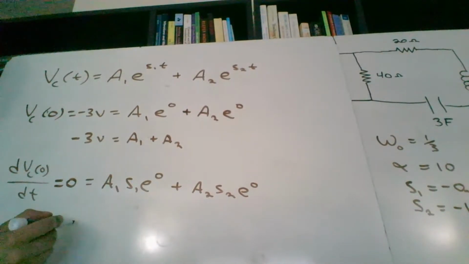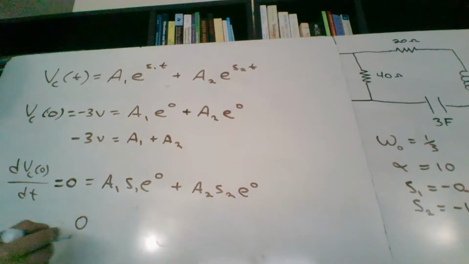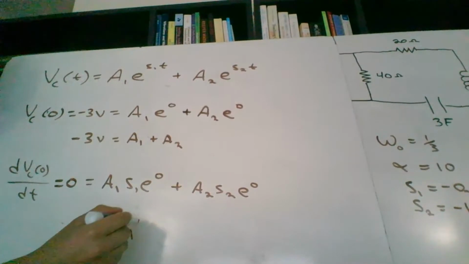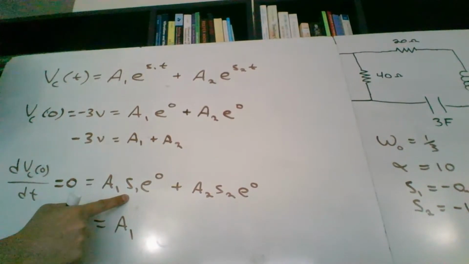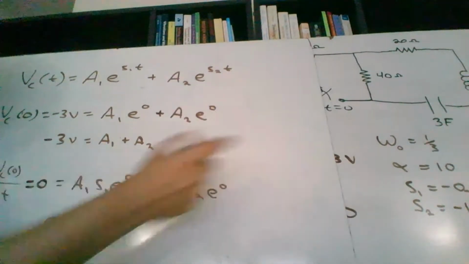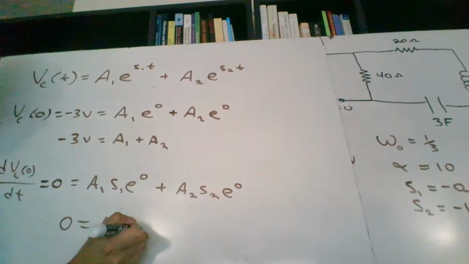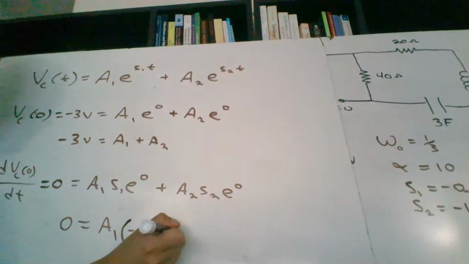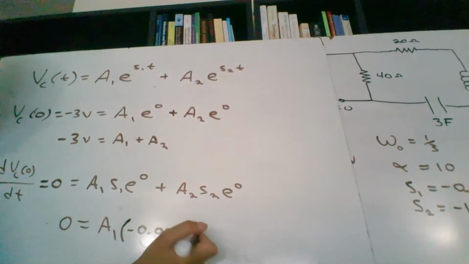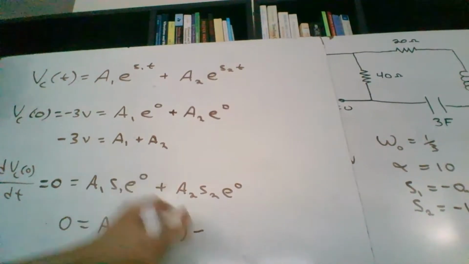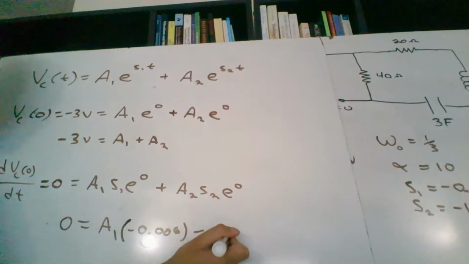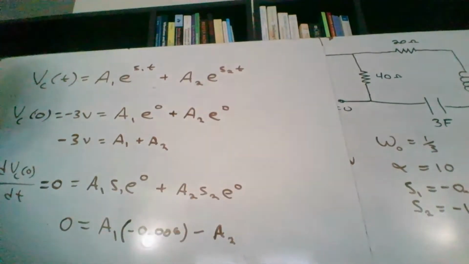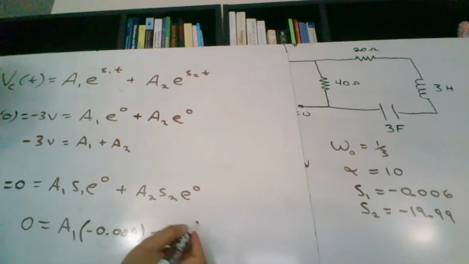My second equation is 0 is equal to A1 S1. What's S1? S1 is equal to negative 0.006, minus A2 times 19.99. I'm putting the minus sign here because S2 is a negative value.